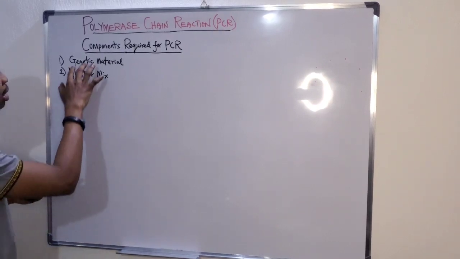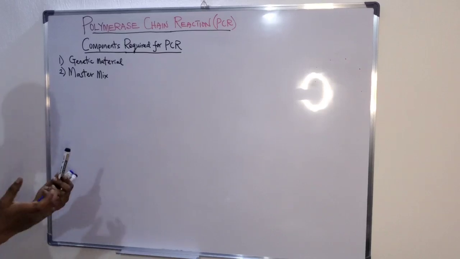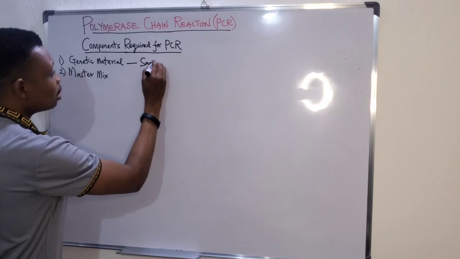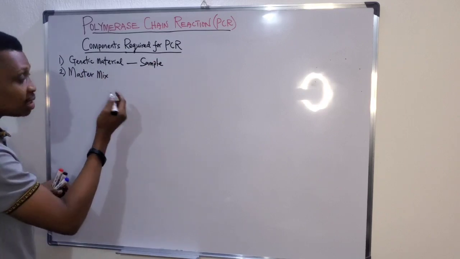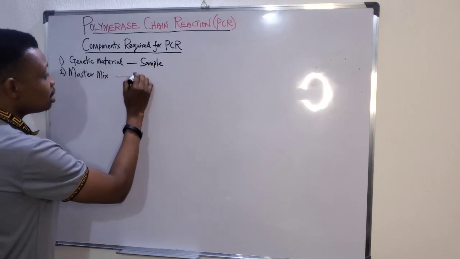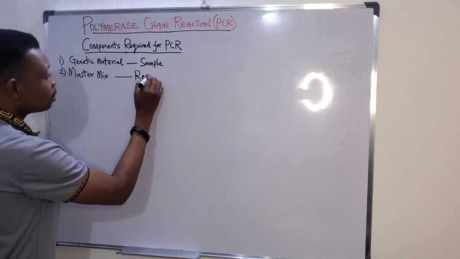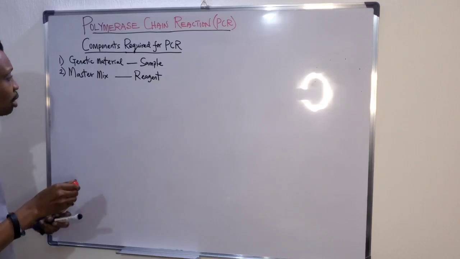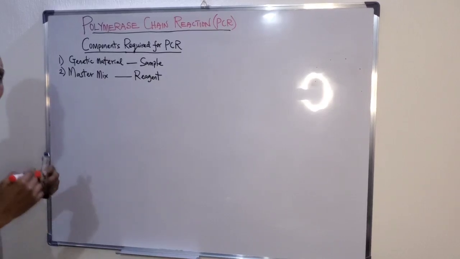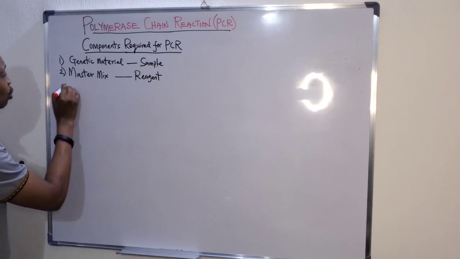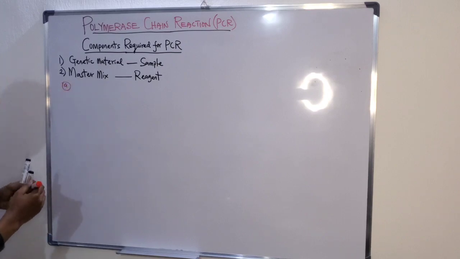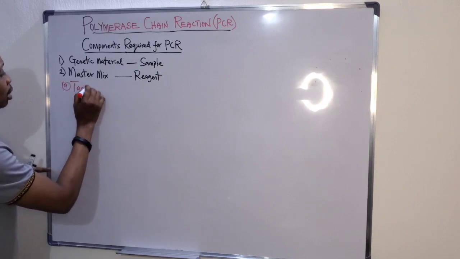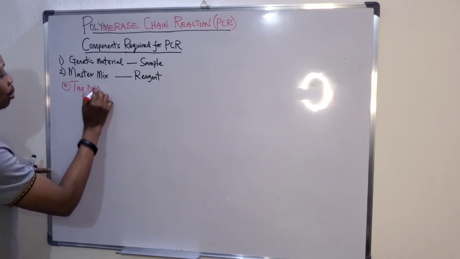So we can say this genetic material is a sample, and this is the reagent. Now, the master mix contains some components. One of those components is Taq DNA polymerase.